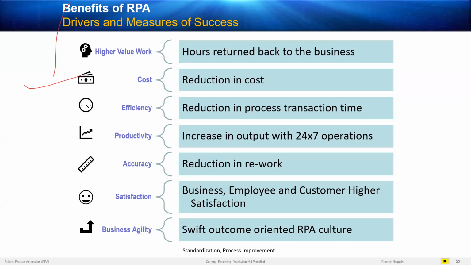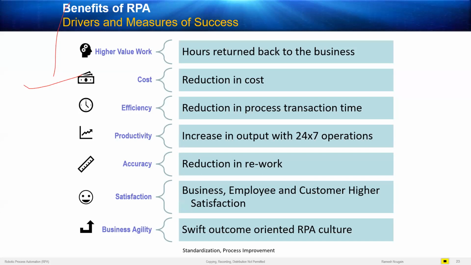So the one thing that it is going to help us is to create a bigger bandwidth so that we can work on higher valued items. More appropriately from a business context, it will reduce cost. A robot will work 24/7, will never take leave, will never fall sick, doesn't require any salary appraisal.